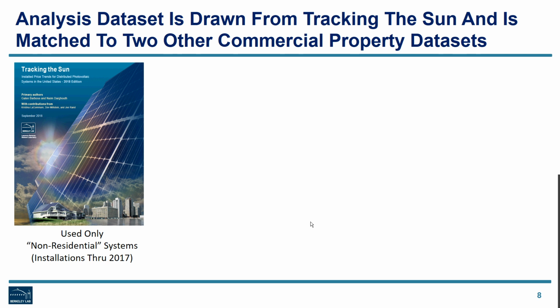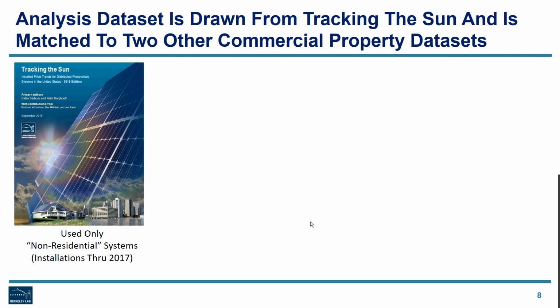It might have a lot of detail or it might have very little, and in many cases, actually, it's missing. But where we do know it, we excluded the residential systems for this analysis. Sometimes it's missing, and we then came back to the data to understand whether it in fact was residential or not, through what I'll describe in a moment here. And again, what we're focused on are those systems that were installed through 2017.